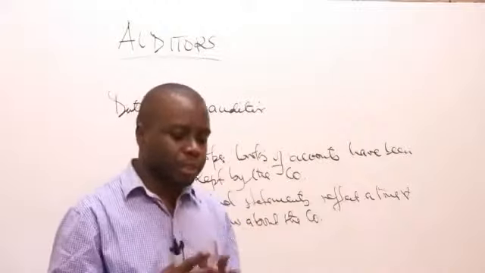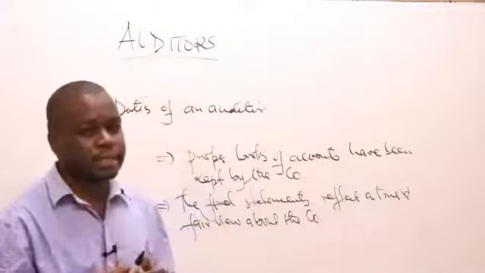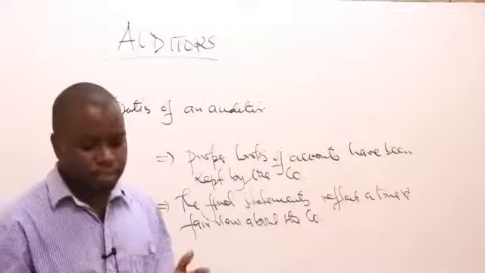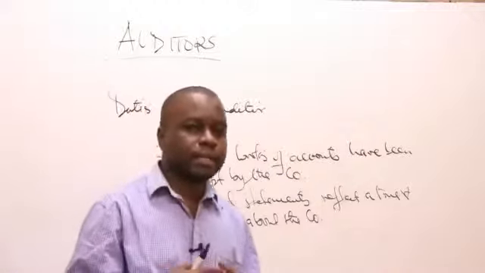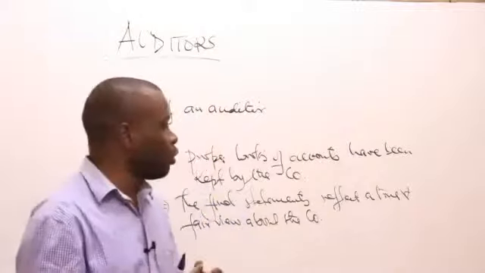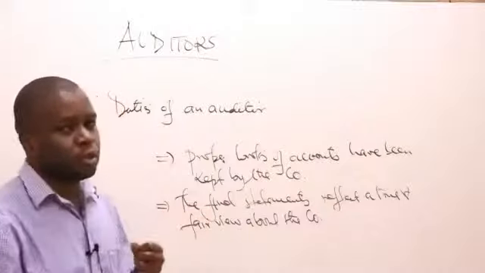It is one of the key rights of an auditor, because if you don't give him access to the premises, or the ability to carry out interviews in the company while preparing his audit work, he won't be able to give an opinion, or even present the statements to the members at the annual general meeting.